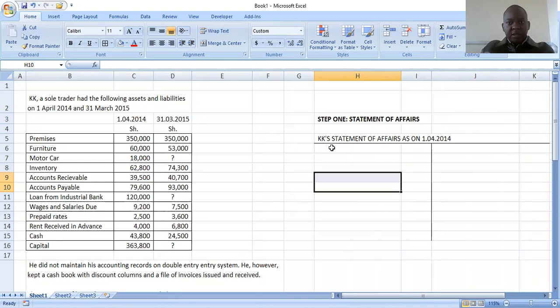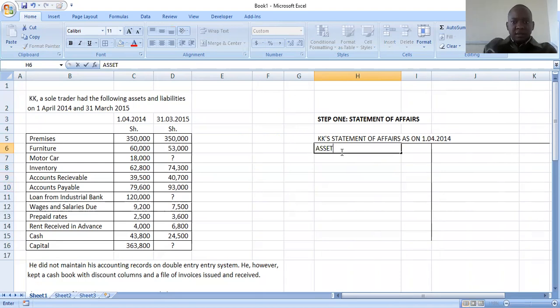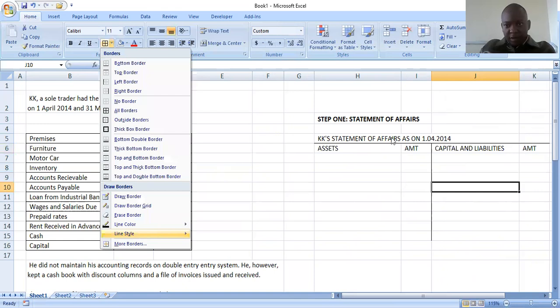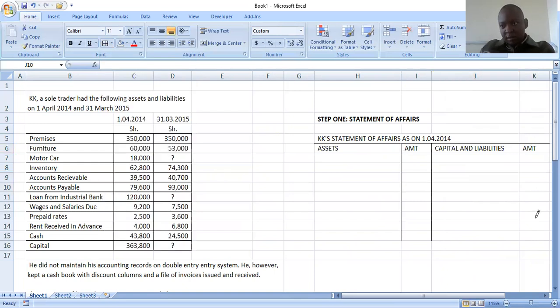So the statement of affairs: on one side we have the assets, just like a balance sheet, and then the other side we have capital and liabilities. Then you have the amounts here.